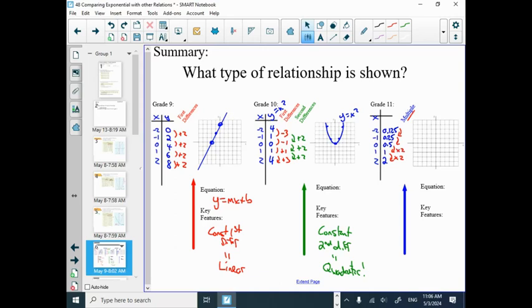Half of a quarter is a half, and so on. So these are all multiplied by 2. So these ones have constant multiples. And so they are exponential, or exponential growth, however you want to word it.